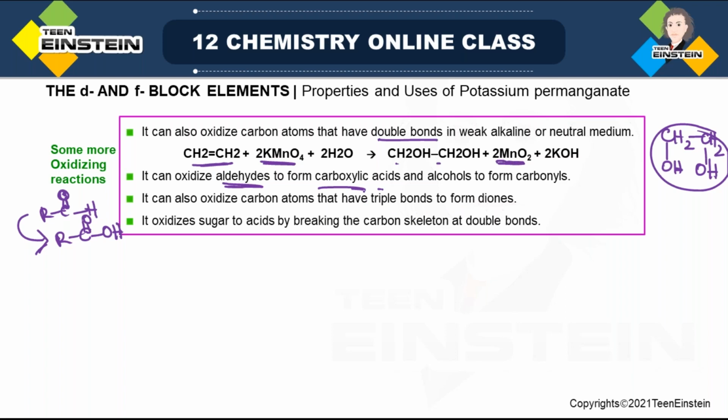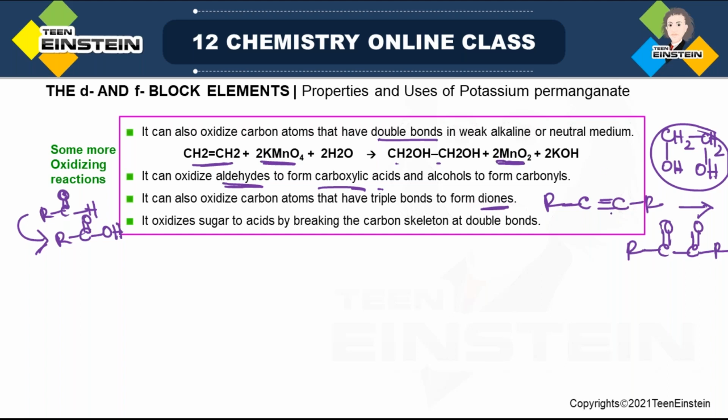So when it is a C=C double bond, you are getting dihydroxylation. But suppose we have a triple bond, with some group on both sides. Now after addition, what will we get? Dione. Dione means a keto compound, a diketo compound, like this.